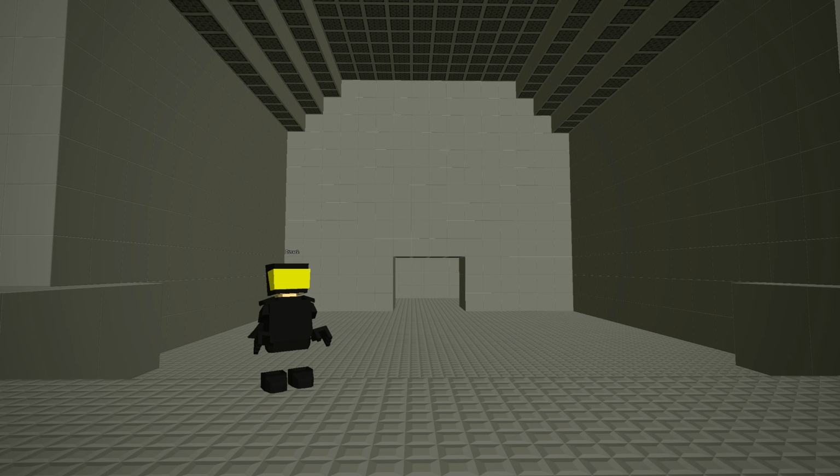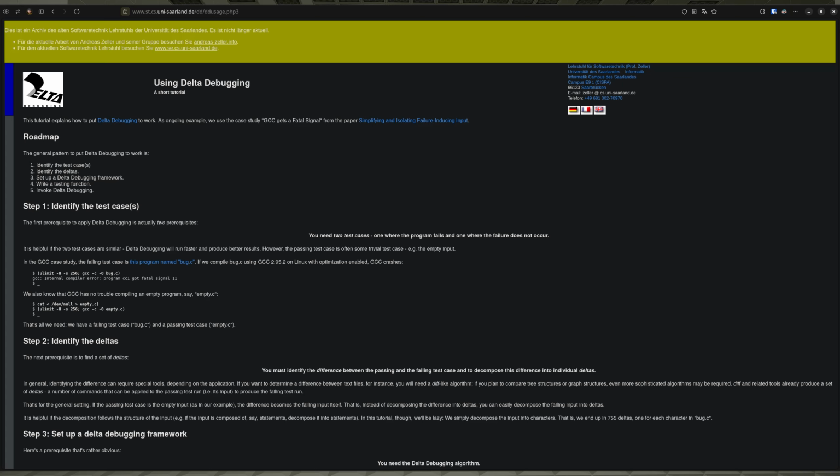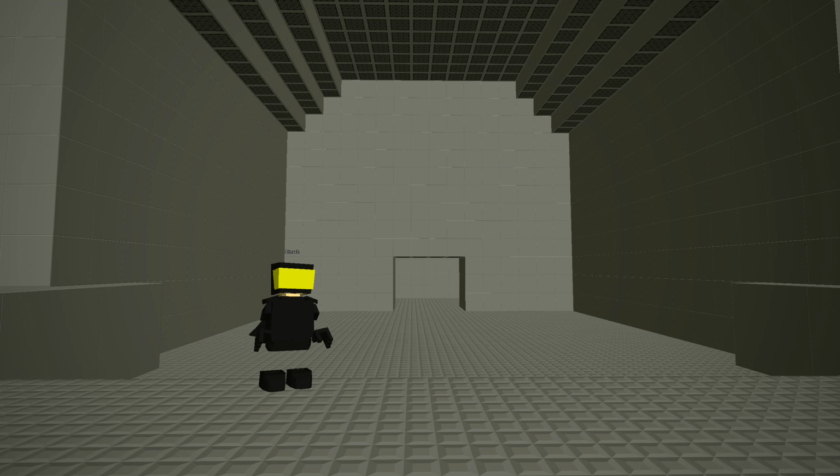To make this as productive as possible, I wrote a Windows-only program that brought me all the way to checking the number of bricks loaded for some save I just generated, where if the amount of loaded bricks did not match the expected total, then that implied there were holes somewhere. In addition, while there exists an implementation of the delta debugging technique, this was written in Python 2, which is no longer supported, so I had to convert this to Python 3 before getting started.